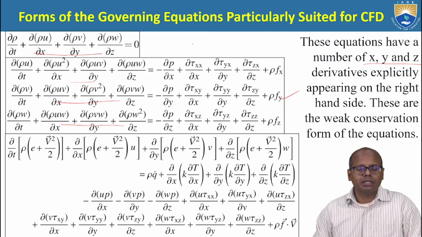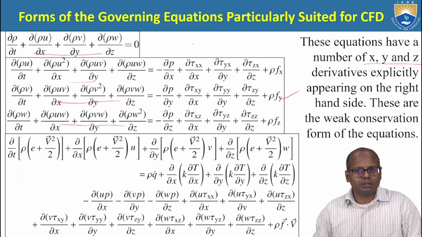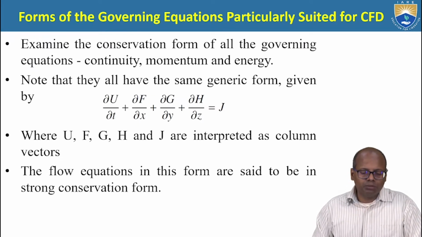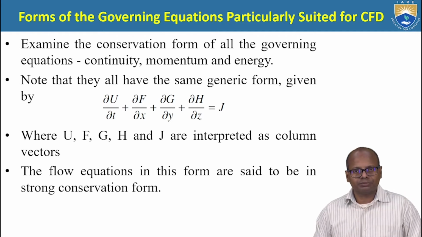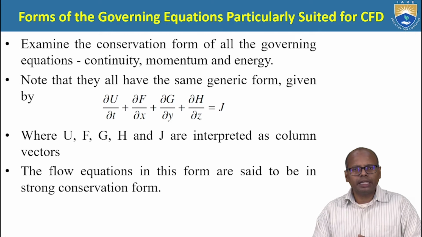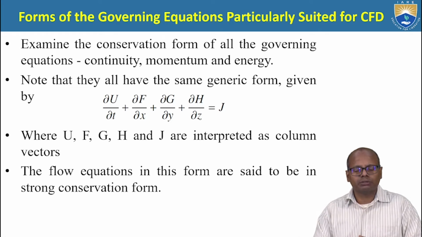How to make it a strong or effective conservation form? That we are going to see. Now, if all these equations can be expressed in one particular form, that is called the generic form of governing equation.